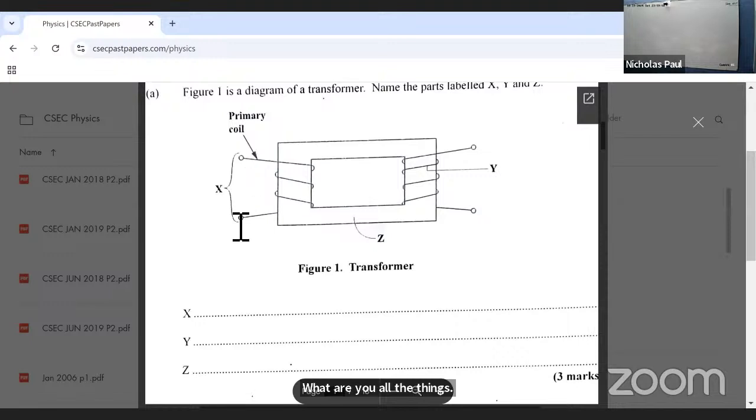Z is your soft iron core, and Y is your secondary coils. You have to be exact: Y is your secondary coils.